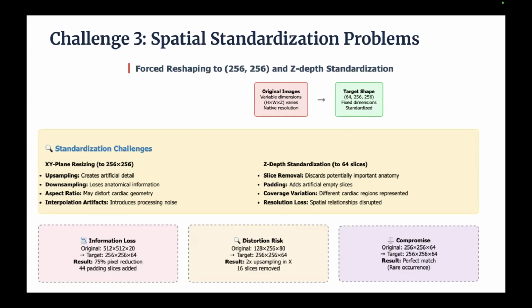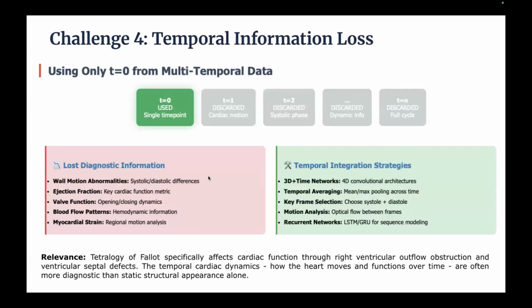One of the bigger issues in the data set was that the tetralogy of Fallot patients had NIfTI images and labels with more structure, but the normal CMR patients didn't have that at all. The normal CMR patients only had DICOMs, raw files, and just slices, which I think was one of the biggest issues we found. Otherwise, it would have been so much easier to just train normal versus tetralogy.